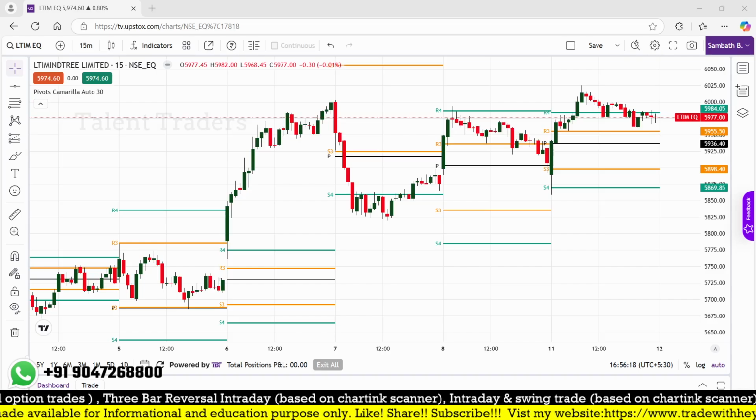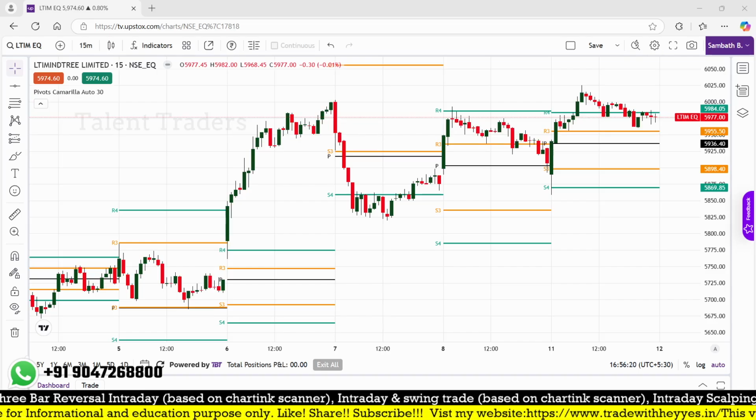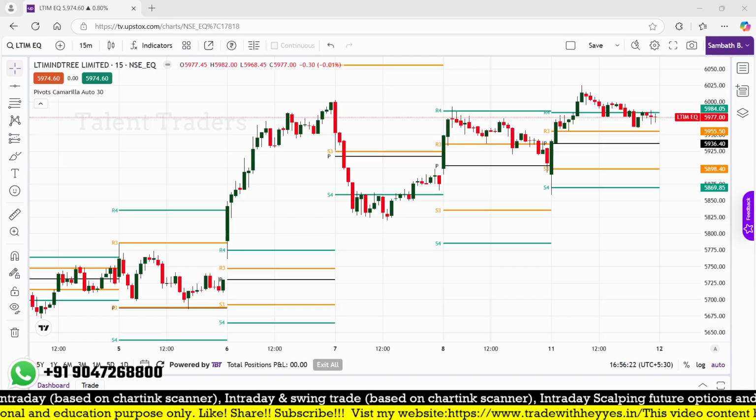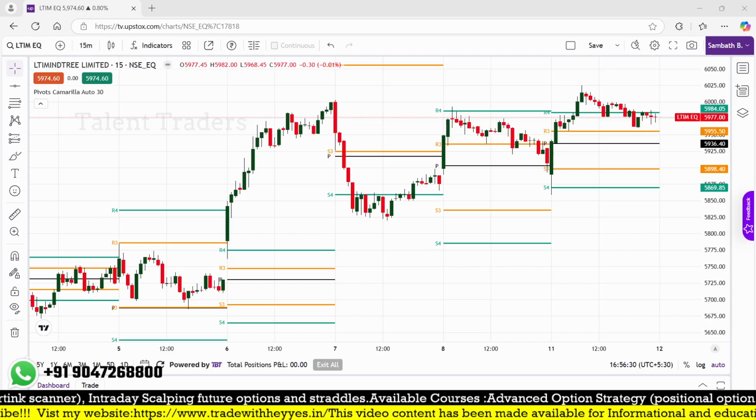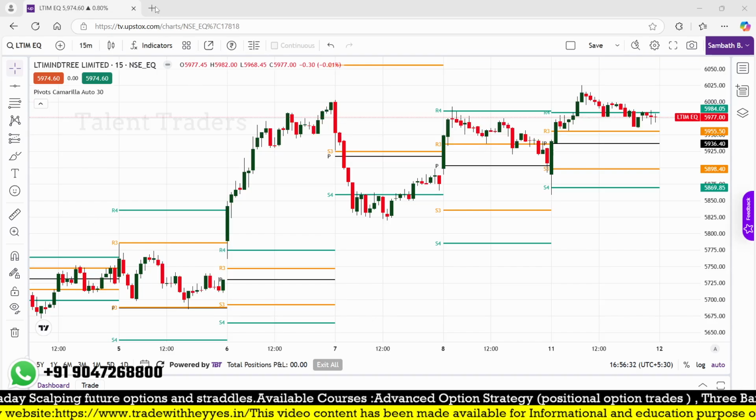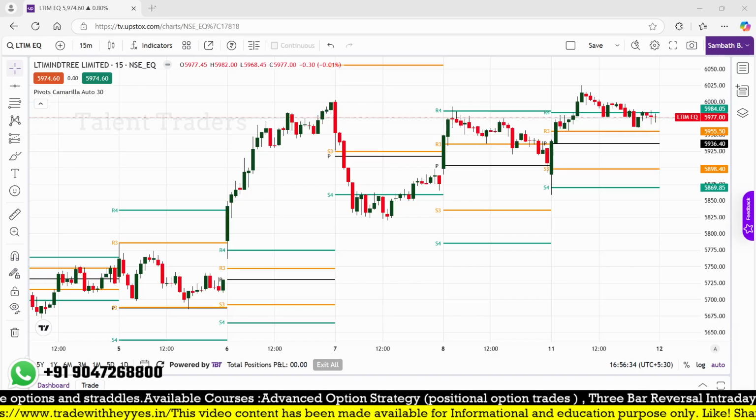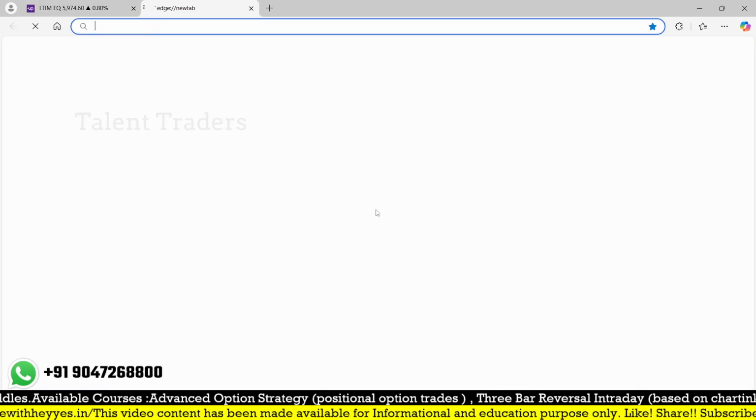Otherwise it is a risky trade, because if the market breaks out on the first candle there is a chance of reversal, but we are adding more conditions to filter the stocks and find intraday opportunities.